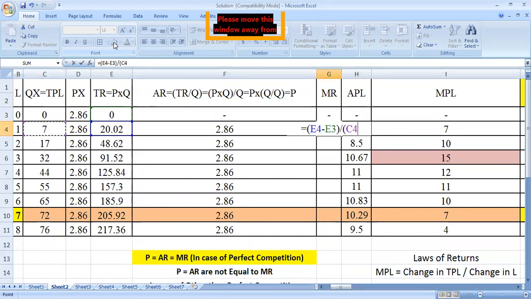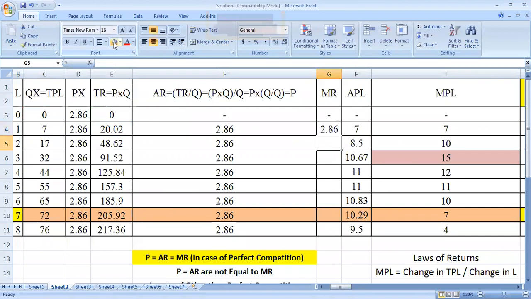At 1 unit of labor, the output is 7, minus 0 at the previous unit of labor, right? So 20.02 minus 0 is 20.02, 7 minus 0 is 7, and 20.02 divided by 7, the answer is 2.86.